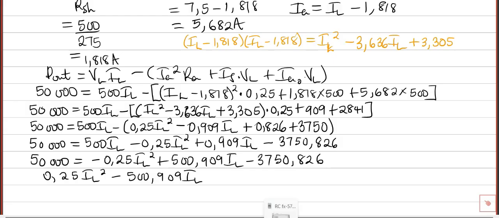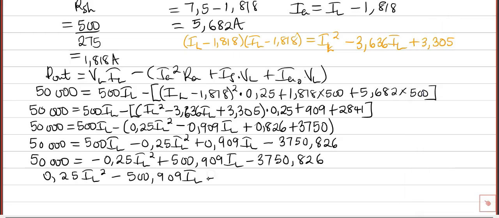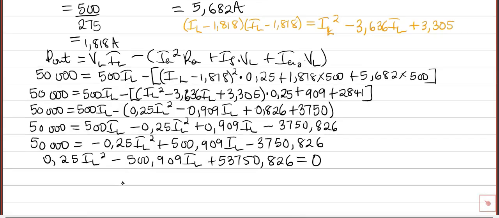My value has negative and it's a like term to the 50,000. So let's add these two values. So I have 50,000 plus 3750,826. We're getting 53,750,826. Let's confirm. And so the intention or the idea of this question is to bring us to a quadratic equation. So here we are, we have IL squared, IL, and a C value.